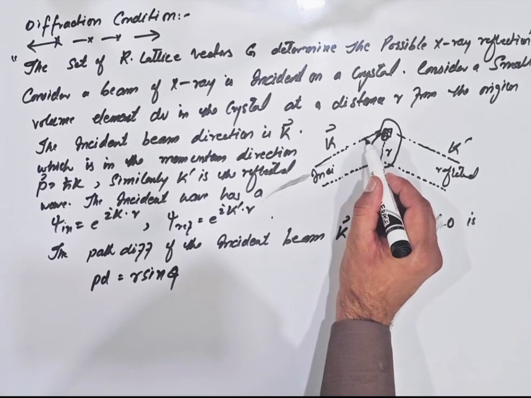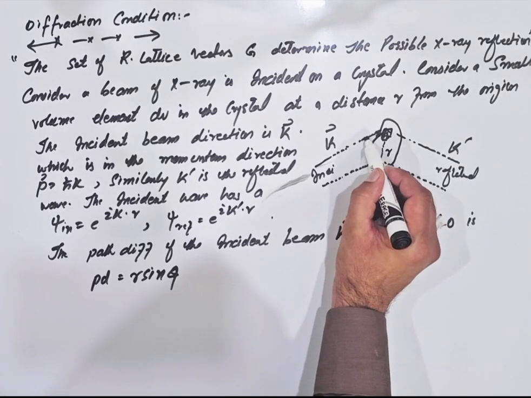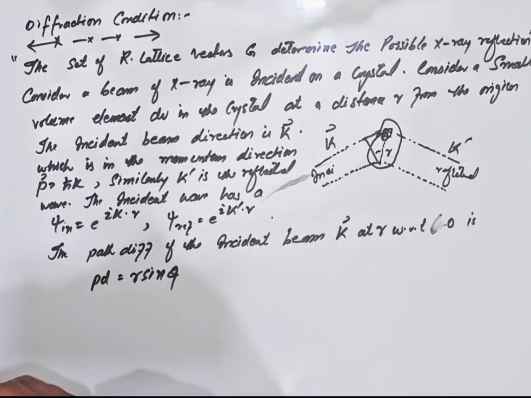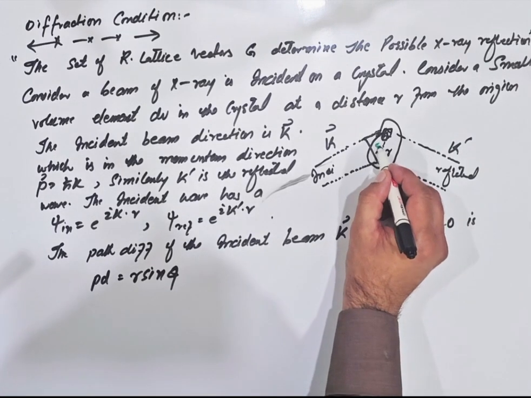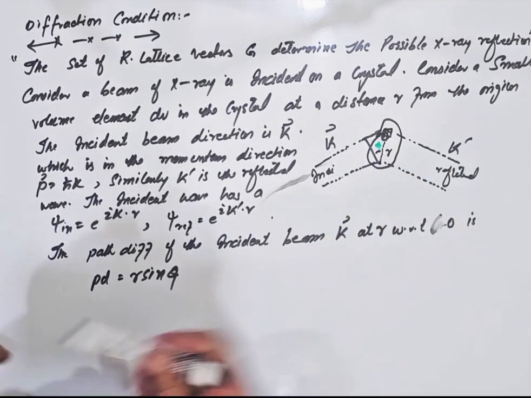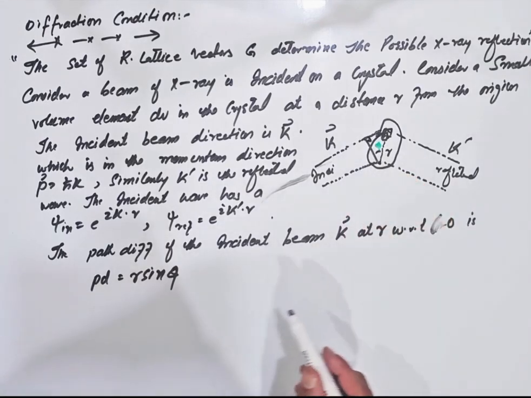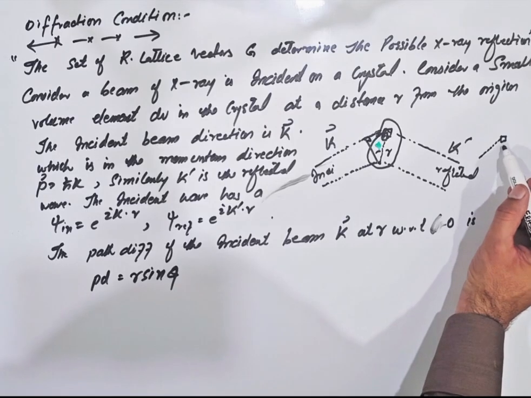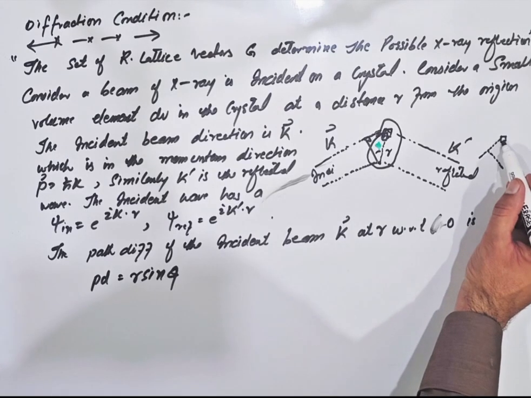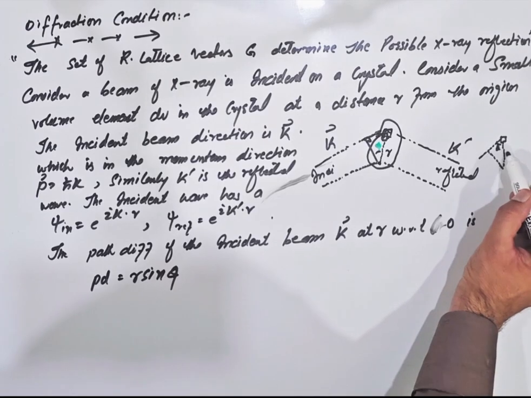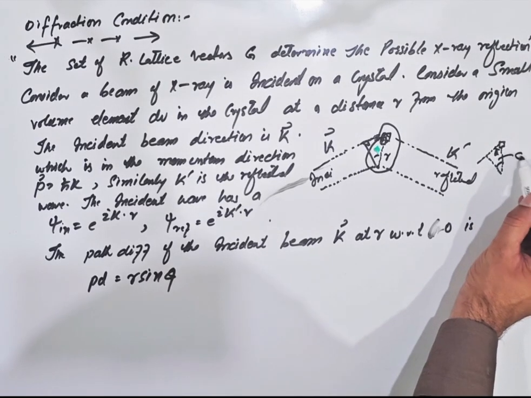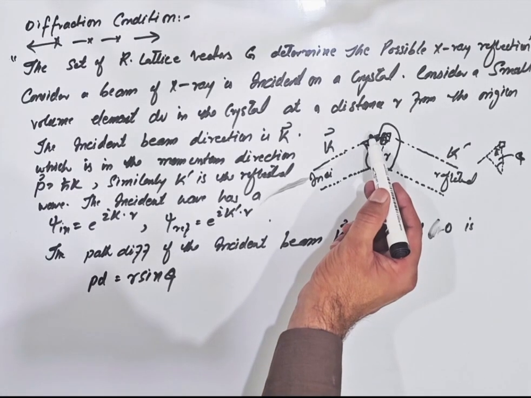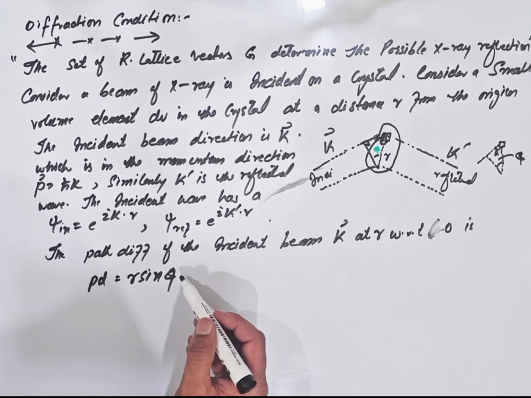Let us draw a perpendicular from this origin O on this incident beam. This is angle phi. This is angle 90 degree. So the angle between the volume element and the origin is theta. This angle is phi, and this is 90 degree. So this path difference is equal to r sine phi.